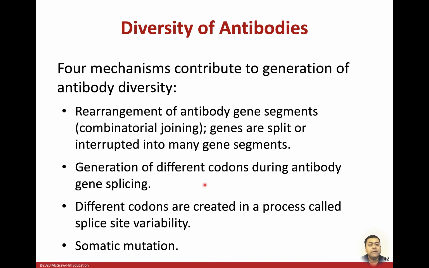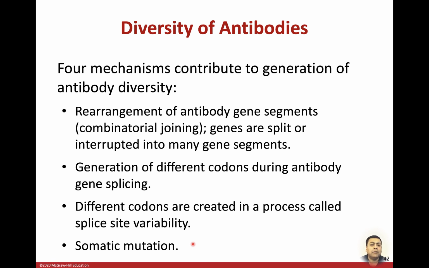And generation of different codons during the antibody gene splicing, and the different codons are created in a process called splice site variability. And we're going to see that. And also, these result in something in these cells called somatic hypermutation. So constantly, these will lead to diversity of antibodies.